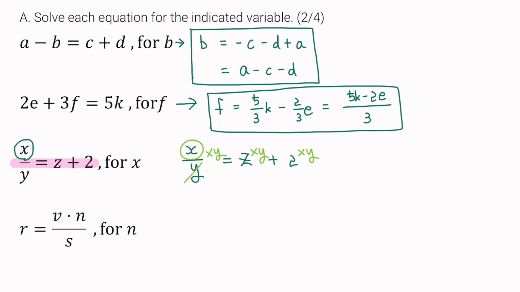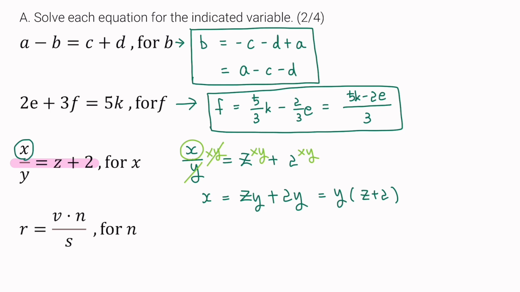That way I can eliminate that denominator of y and end up with x is equal to zy plus 2y. Or I can write it as x is equal to y parenthesis z plus 2.